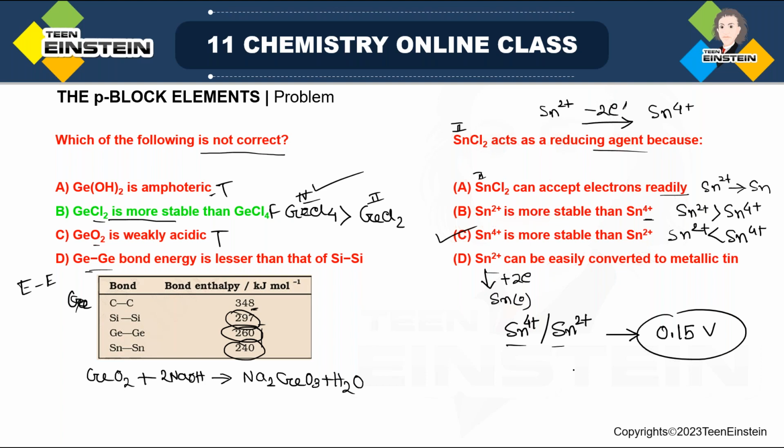For any of these systems, when this reduction potential value is highly positive, then the tendency to accept electron and be converted to the reduced state is very high. But if the value is going towards negative, or towards zero, it is a very low value, so the tendency to give electron to other species and itself get oxidized is high.